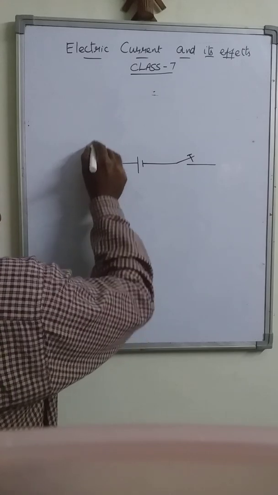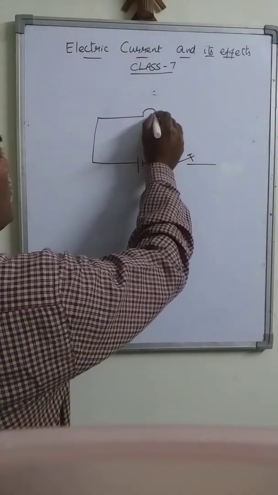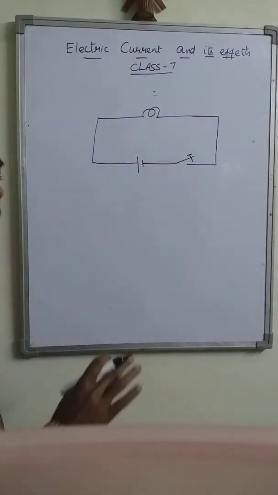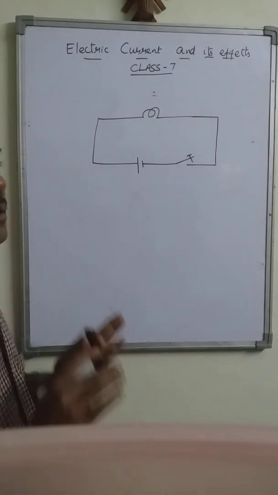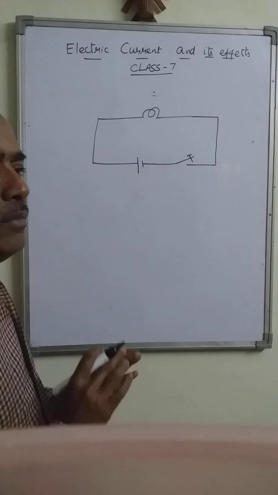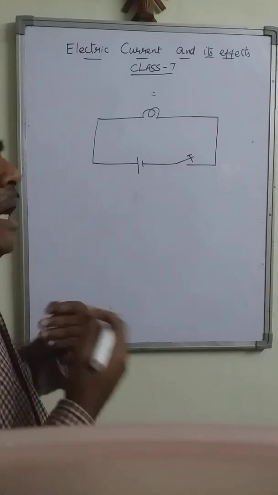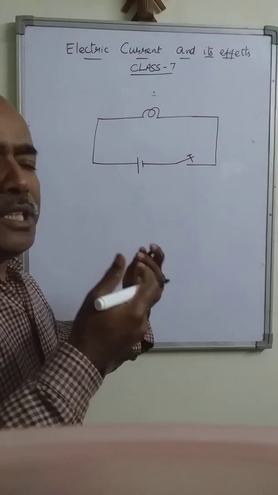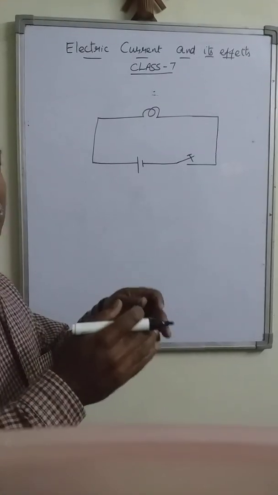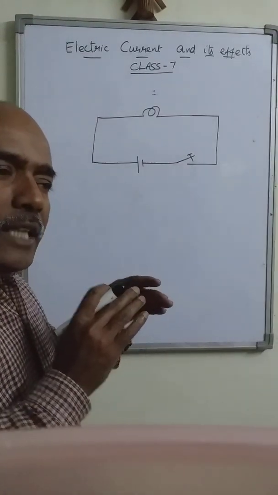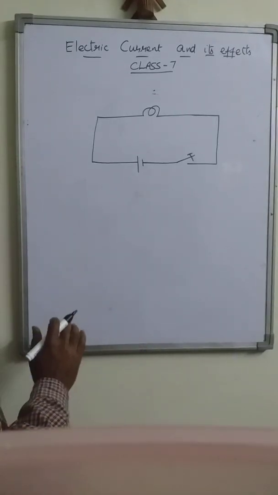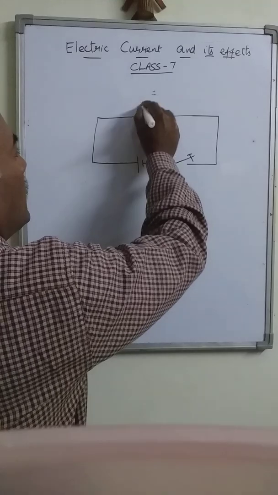These things are connected across a bulb. This is the bulb. I draw the symbolic circuit diagram. Always you will be asked to draw the circuit either by using the symbols or by using the actual diagram. Here we are drawing the symbolic diagram. So this is the electric bulb.